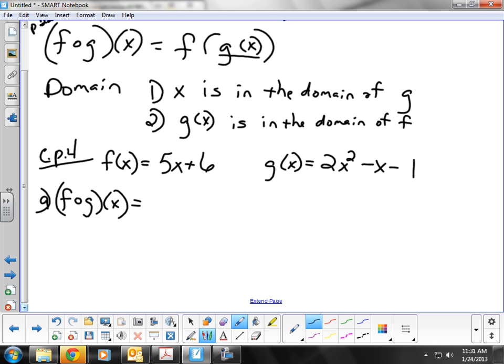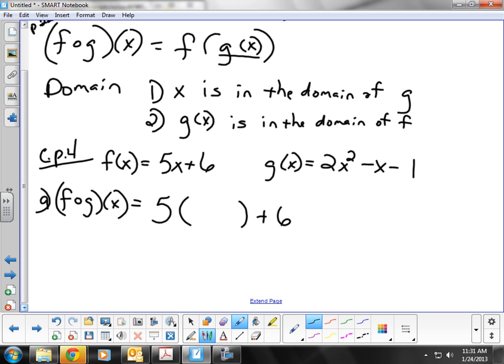I want everybody watching. Let me give you a second to catch up with your writing. We good? All right, I'm going to take the f function. Everybody see the f function right here? I'm going to write it down, except where the x is, I'm just going to put a set of parentheses, because what this says is I'm going to take the g function and I'm going to put it into the f function.